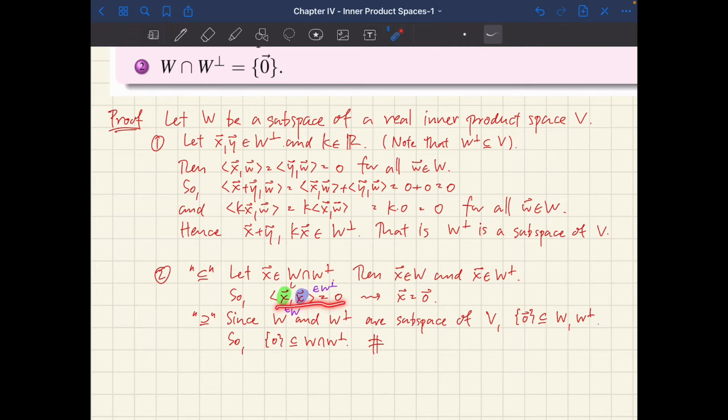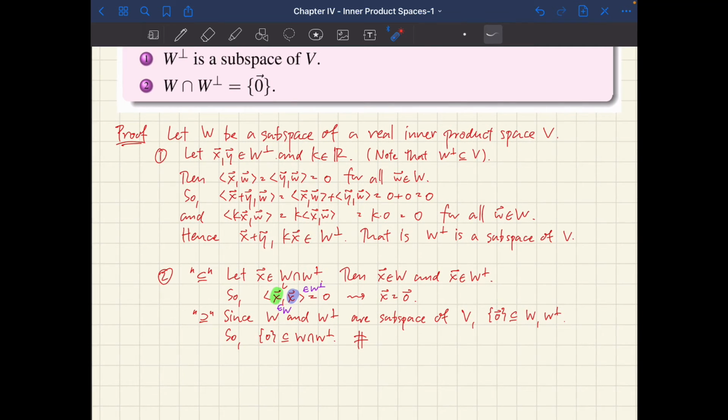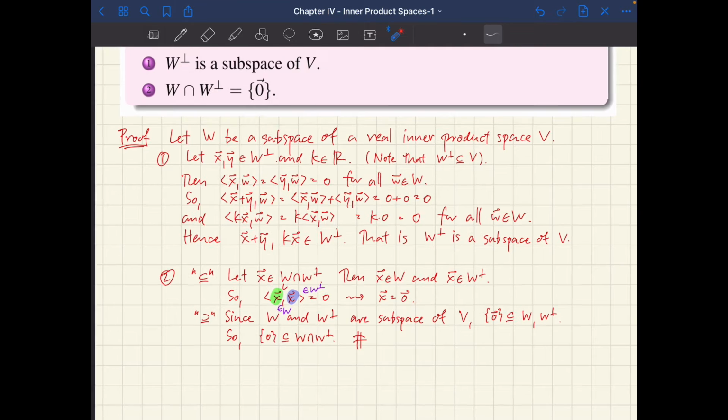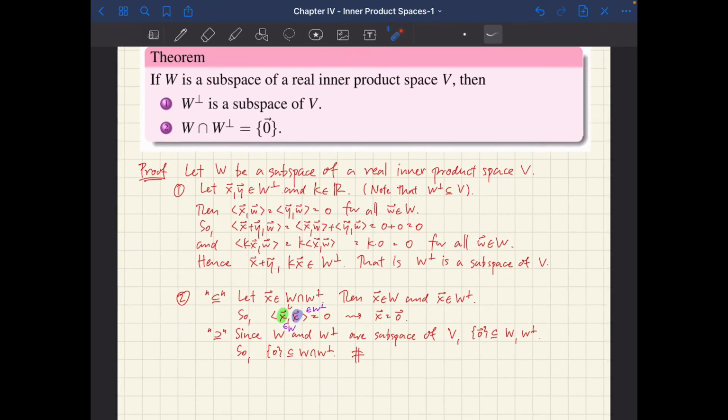So this implies that the vector x is equal to 0. Why does it imply that x is the zero vector? Because of the positive axiom of the inner product.